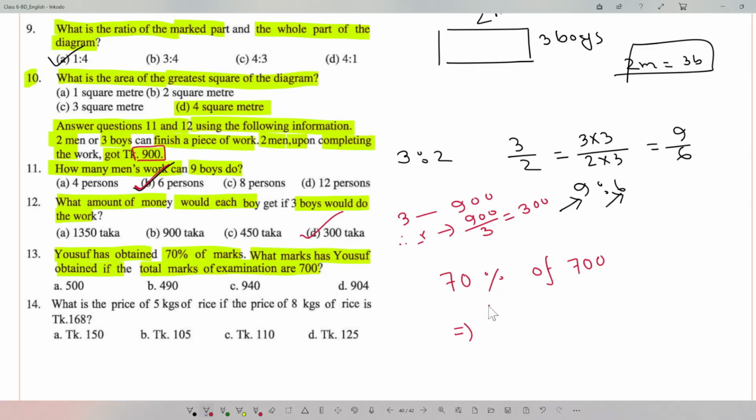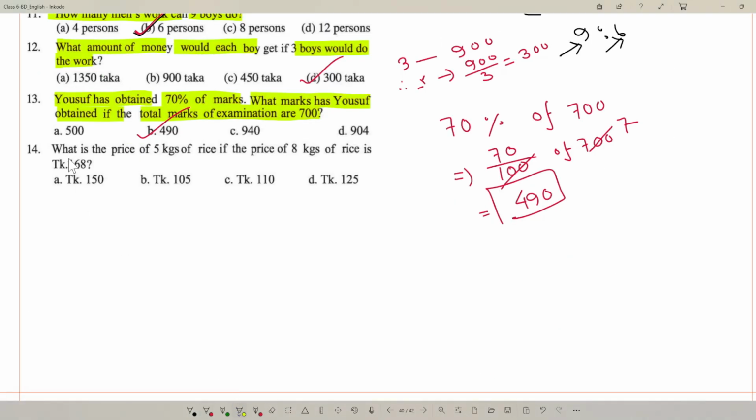So 70% means 70 divided by 100 of 700. So 700 divided by 100 will be 7, and then 7 times 7 is 49 and here is 0. So he gets 490 marks from 700. So number B is our answer. Okay, I hope you cleared this one.